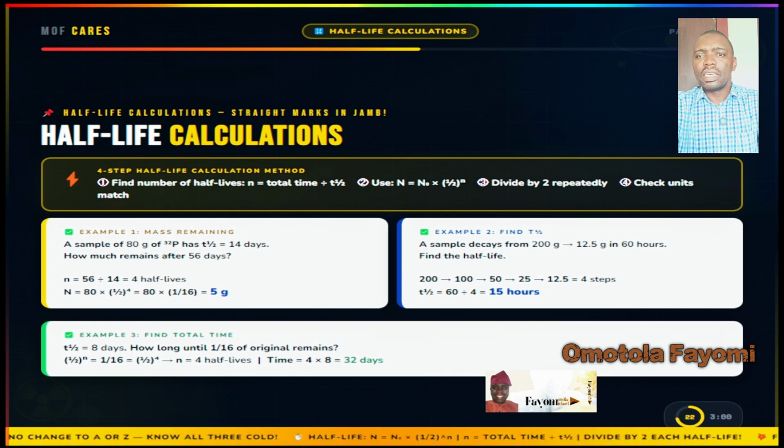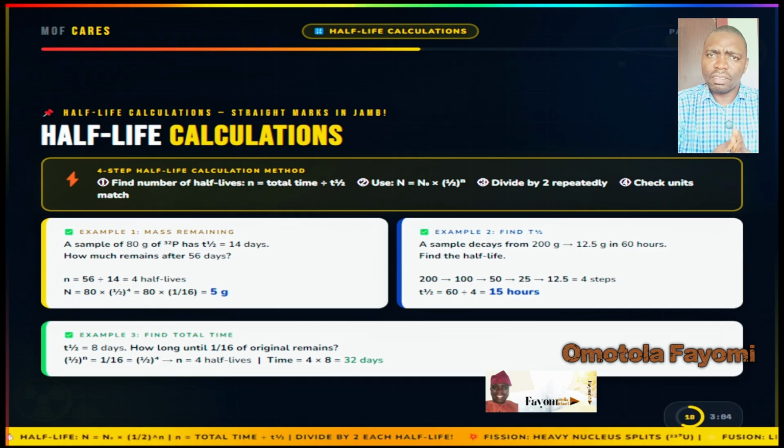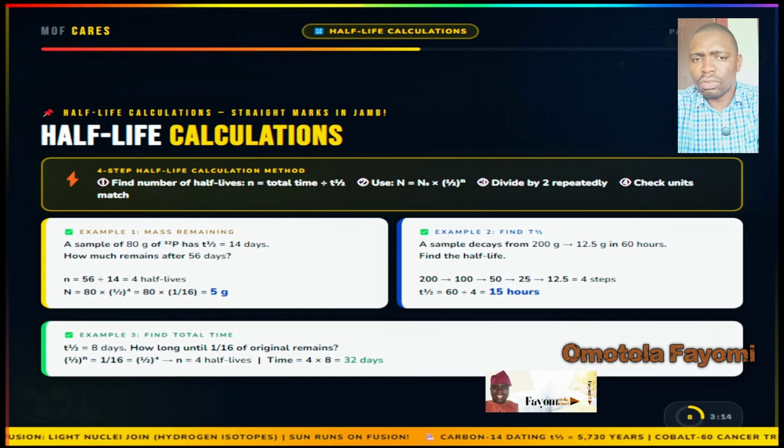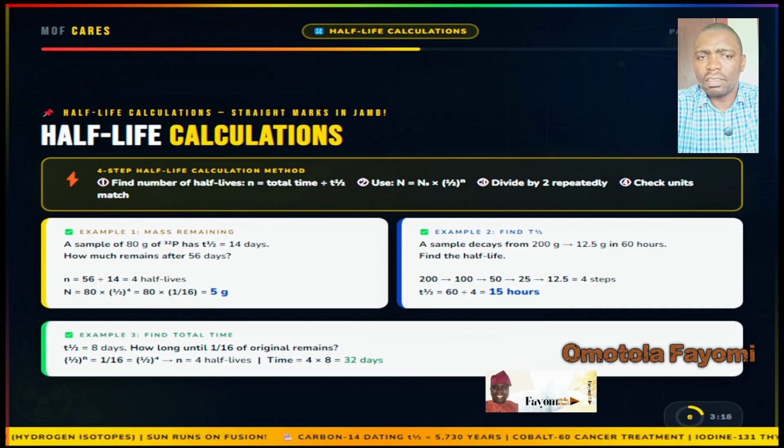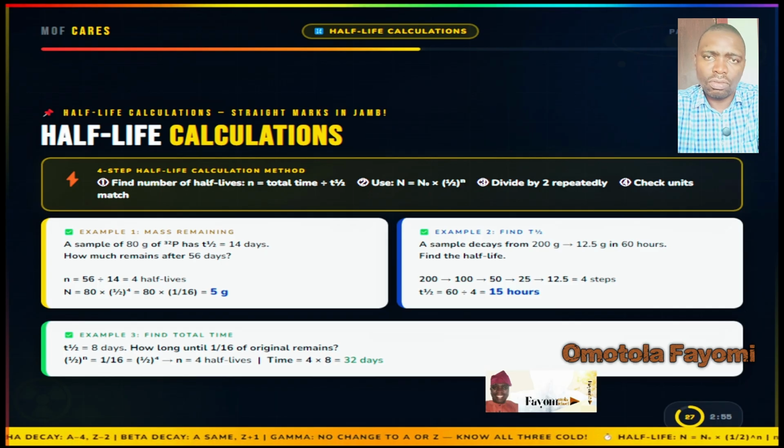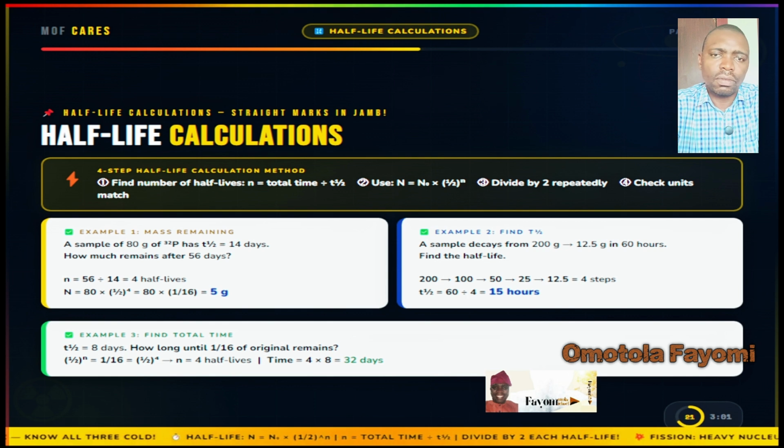N equals N0 times half raised to power n, equal to 80 times half raised to power 4, and that's 80 times 1 over 16, which equals 5 grams. Or step by step, divide 80 by 2, you get 40. 40 divided by 2 again, you get 20. From 20 to 10, from 10 to 5 grams.